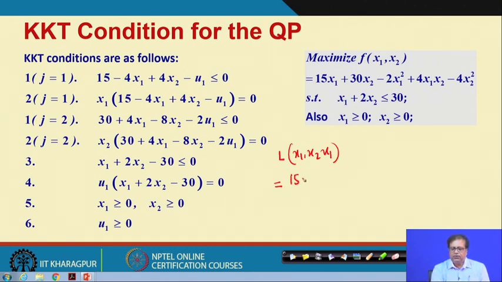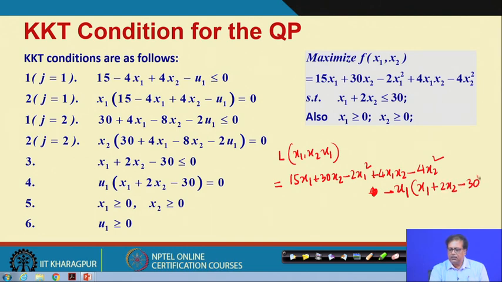So, it will be 15 x 1 plus 30 x 2 minus 2 x 1 whole square plus 4 x 1 x 2 minus 4 x 2 whole square, plus minus u 1 into x 1 plus 2 x 2 minus 30. So, this will be our function.